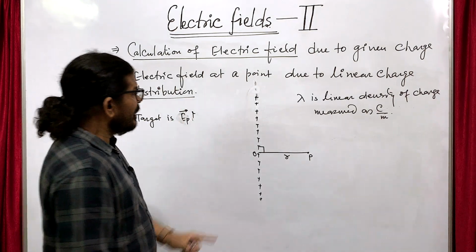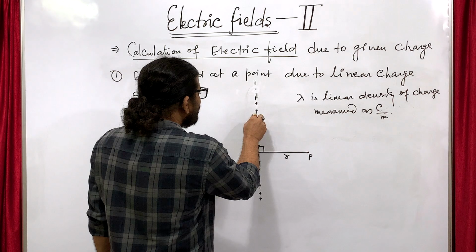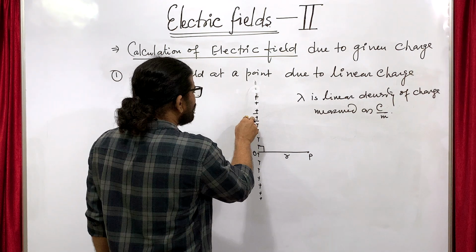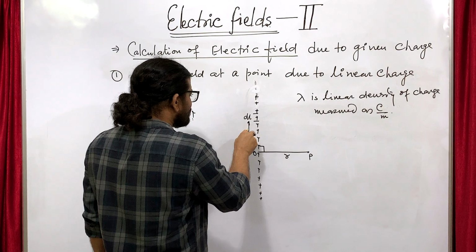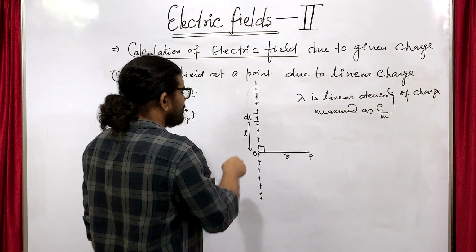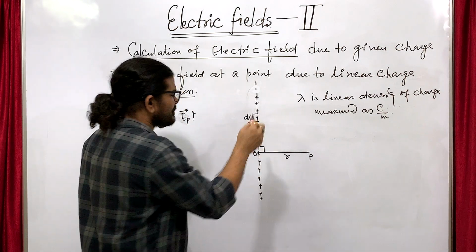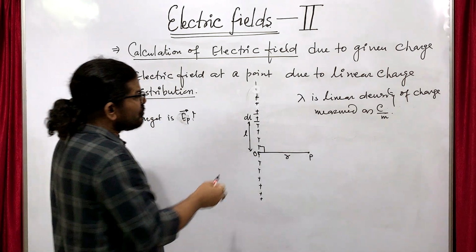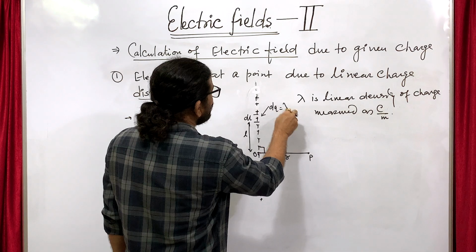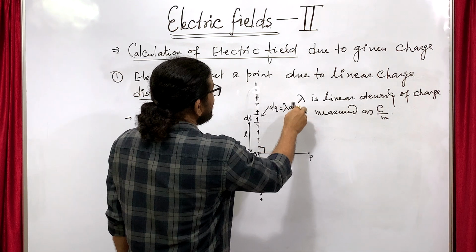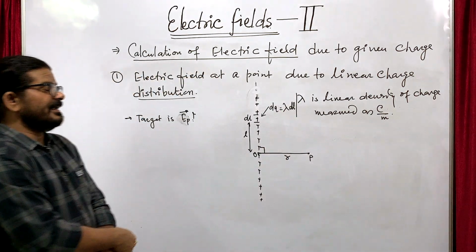So suppose from here we are taking an element of length dl, which is infinitesimally small, at a distance L from the reference point O. So here, dq will be equal to lambda into dl.